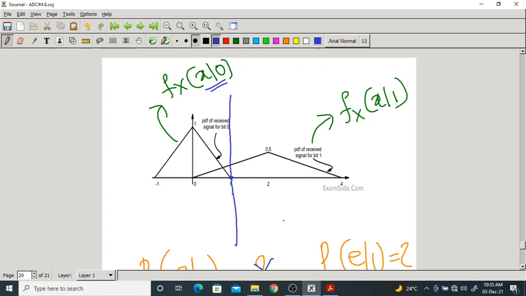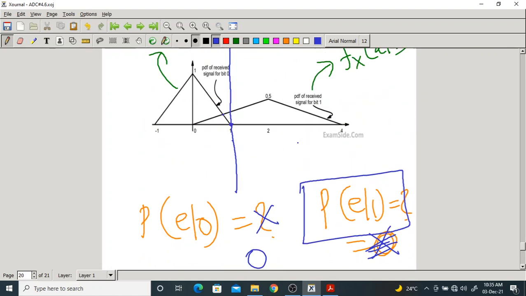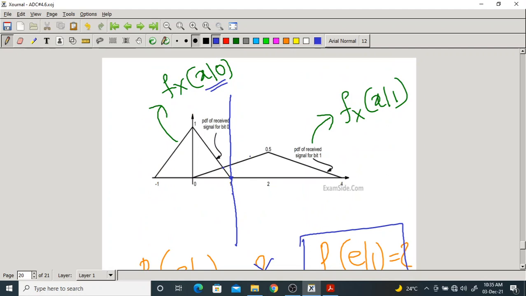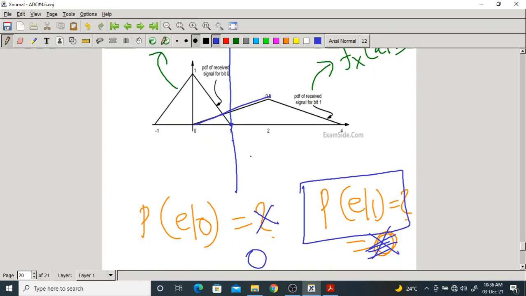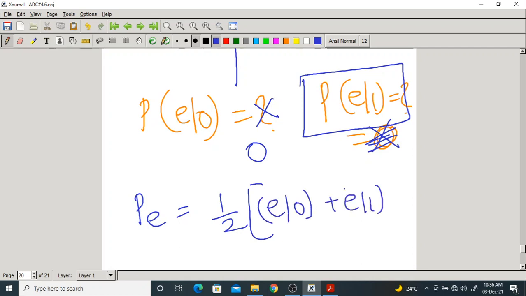But we have to find out this, because this PDF is crossing the threshold limit. It is entering into the other region. Now, what is the overall probability of error? 1 by 2 times the error because of 0 plus the error because of 1.